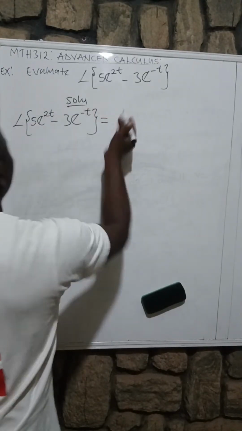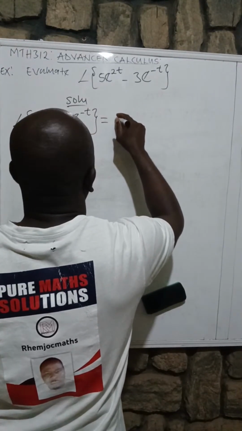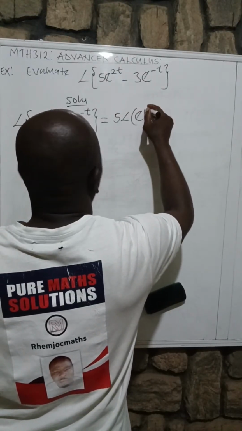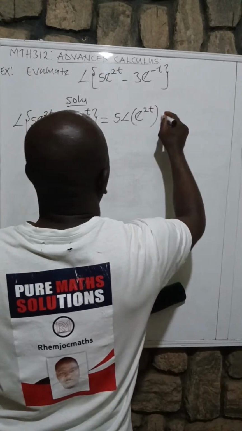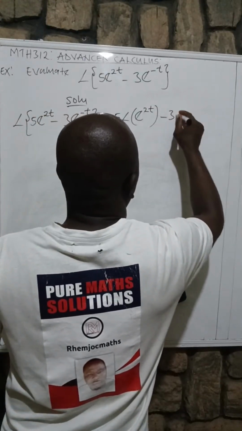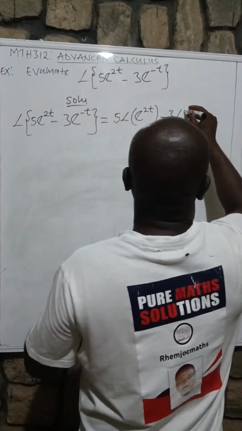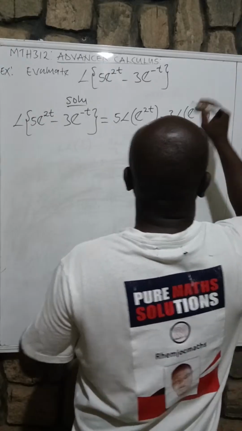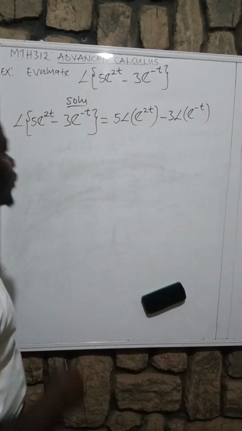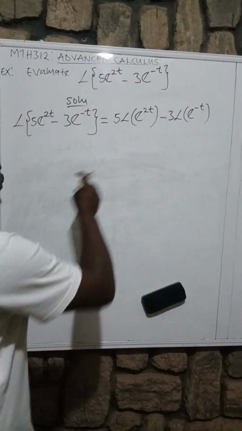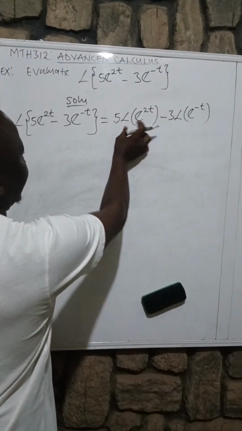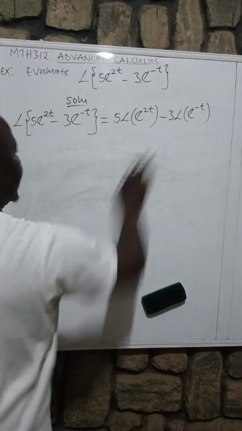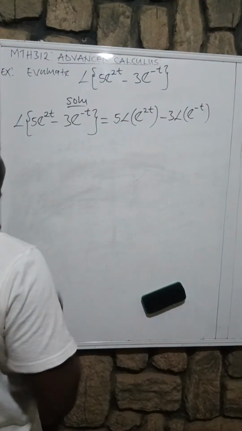So we now multiply 5 Laplace of exponential 2t, then minus 3 Laplace of exponential minus t, right? Do you agree with me? So let's try and find this and this. Mind you, 5 and 3 will be held constant.